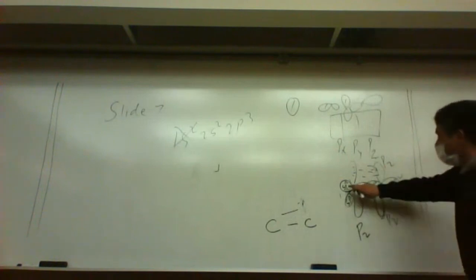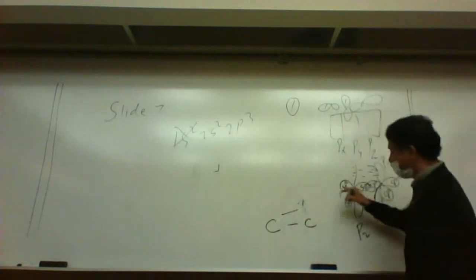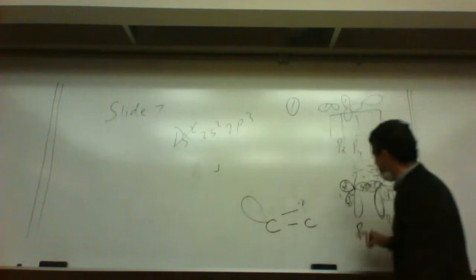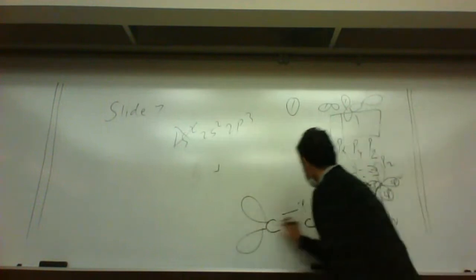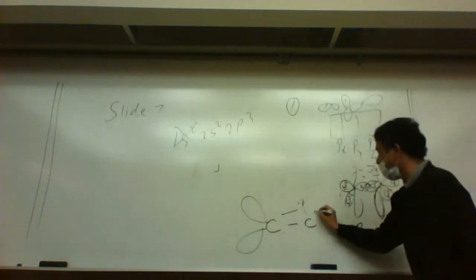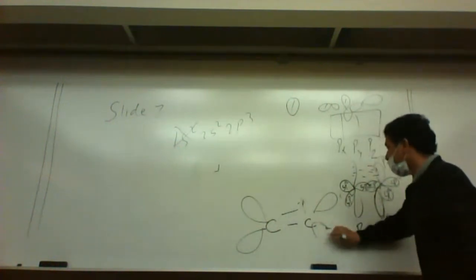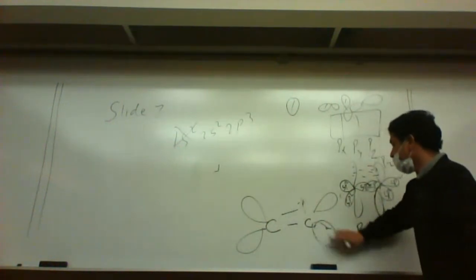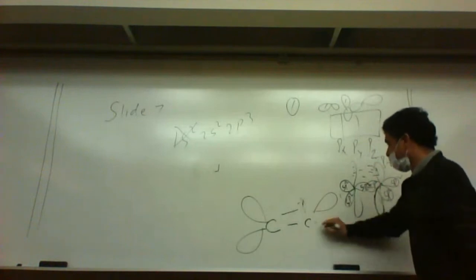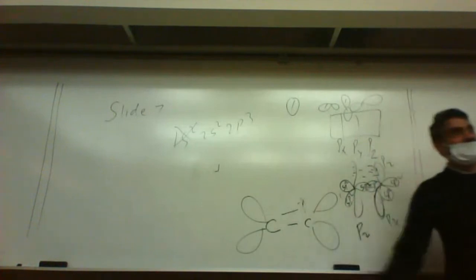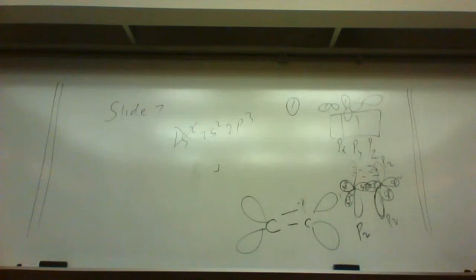Now where is this sp2? So this guy is pointing this way, this guy is pointing this way, this sp2 is pointing this way, and this guy is pointing this way, like this.